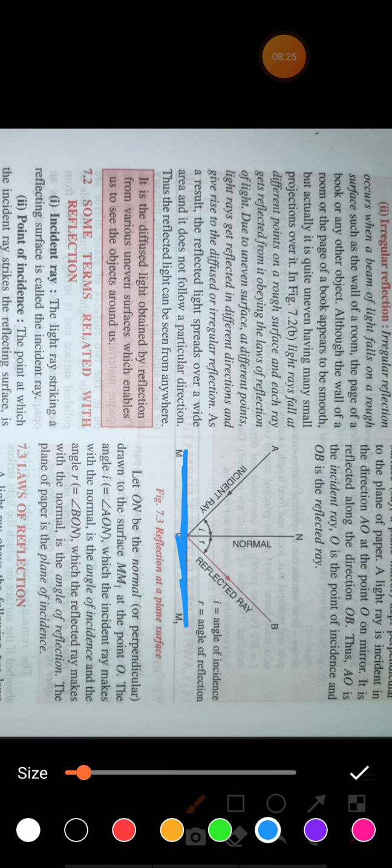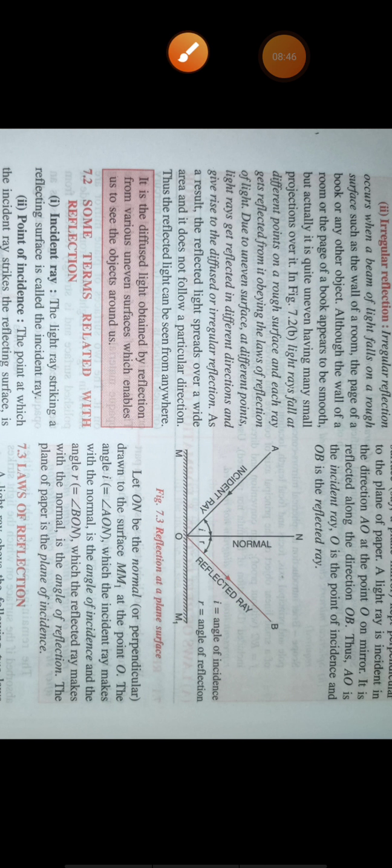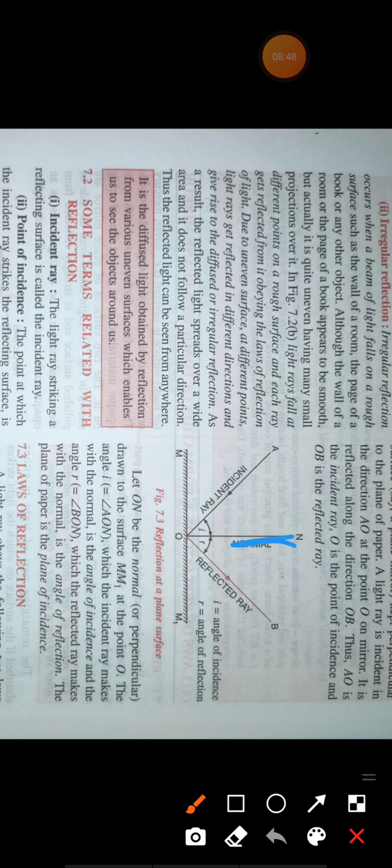Here the green line is your normal line, because the angle between the green line and the blue line is 90 degrees, and the other angle is also 90 degrees. So this NO line is your perpendicular line.